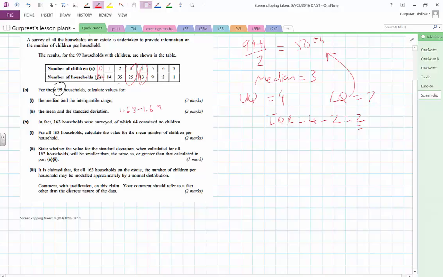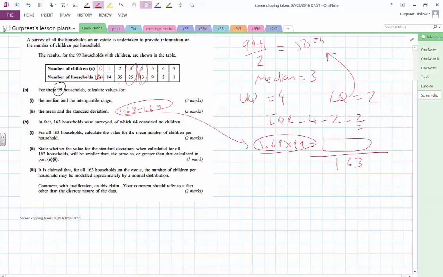The new mean, well, if you take your old mean and multiply it by 99, so let's say if it was 1.68, times that by 99 and you'll have the total number of children. Then you add 0 to it because you got 64 lots of 0, but you divide by 163. So basically it's the old total divided by 163, whereas this number was the old total divided by 99.